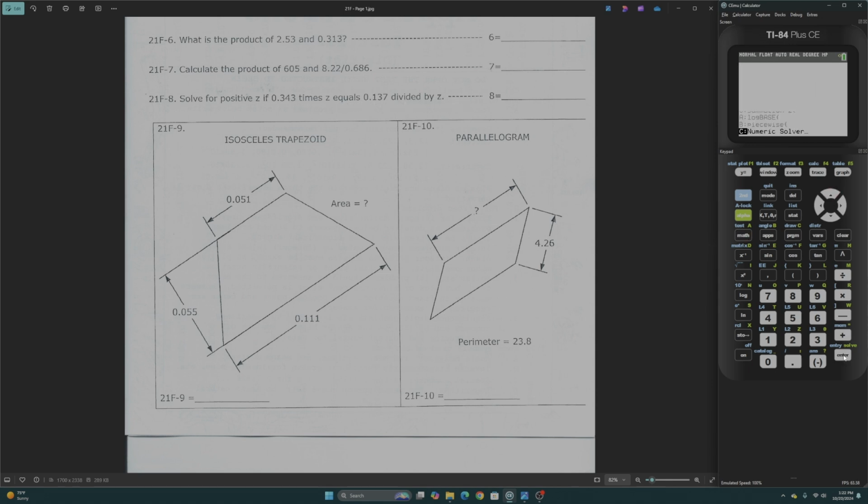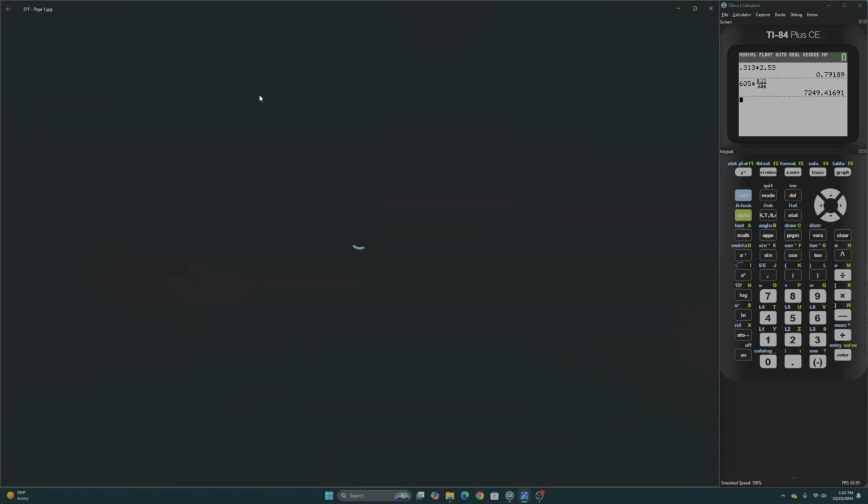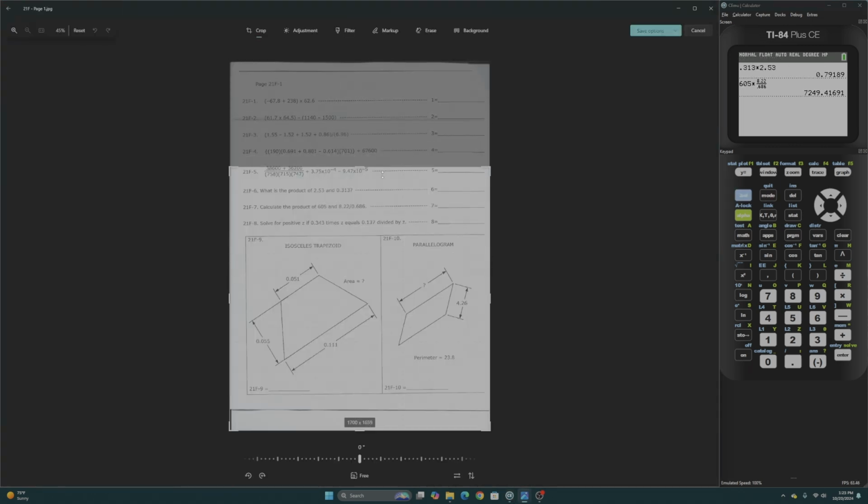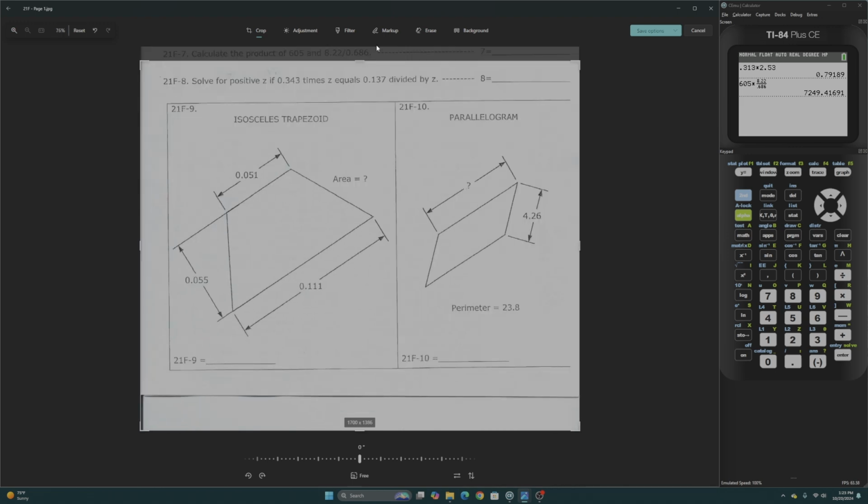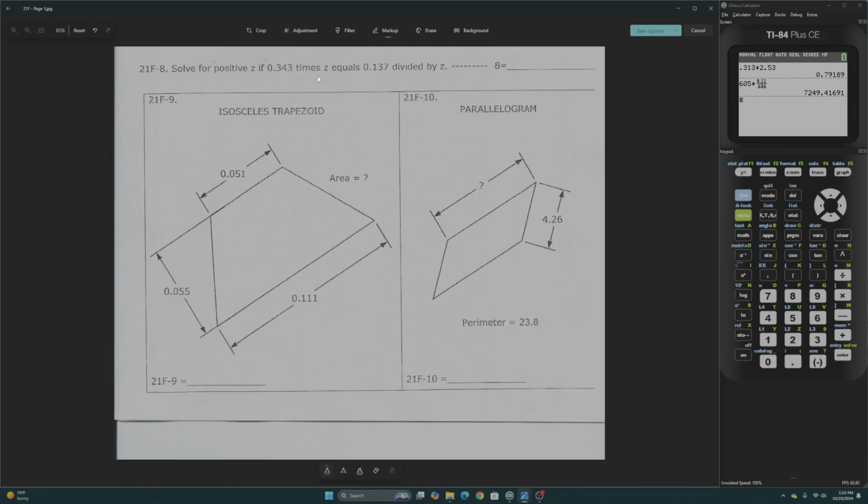If that times z equals that time divided by z. Okay, so we could also use some, yeah, actually, better yet, let's use some algebra. I want to use some algebra. You could easily type that into your numeric solver, but just for practice, we might as well. So we have 0.343 z, and you want to add a little dash so you know it's a z, not a 2, equals 0.137 divided by z.